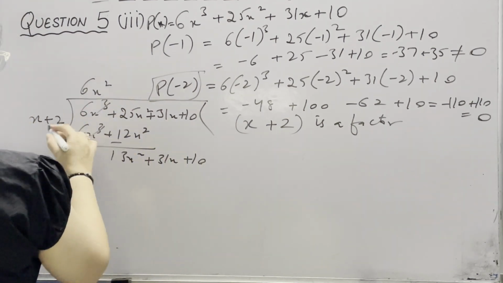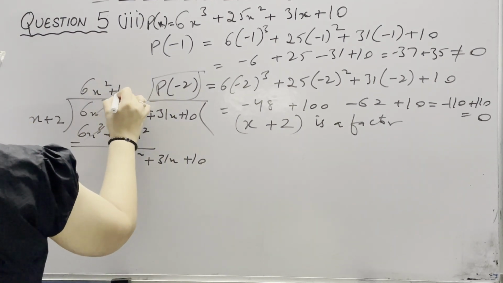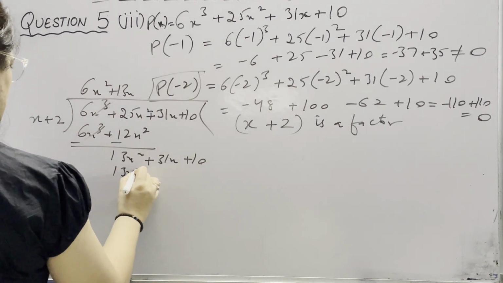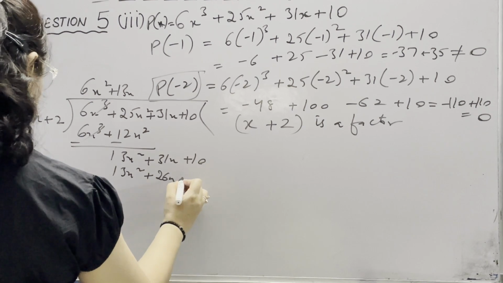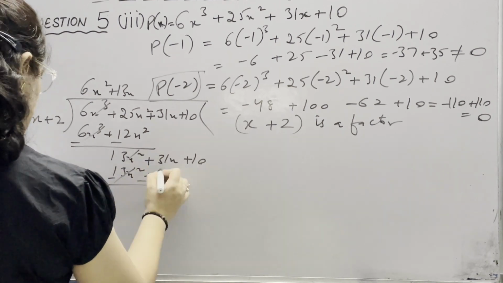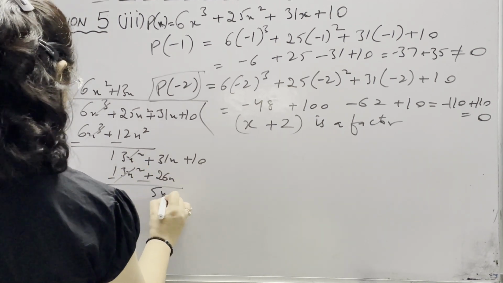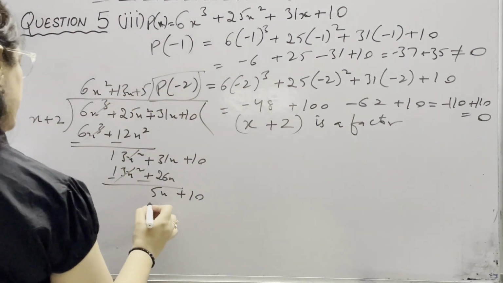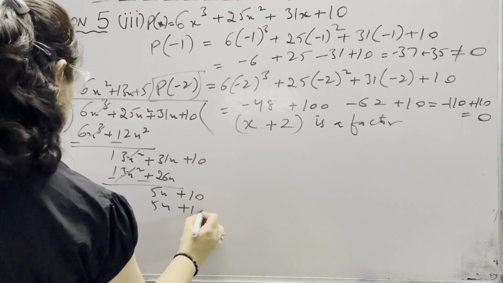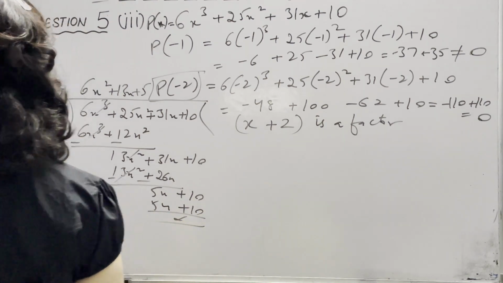So 13x square divided by x is 13x; multiplying, 13x square plus 26x. 31 minus 26 is 5x plus 10. So again dividing 5x plus 10, the remainder is 0.